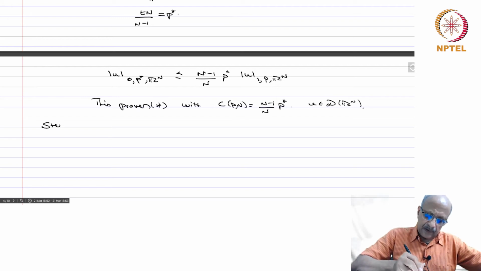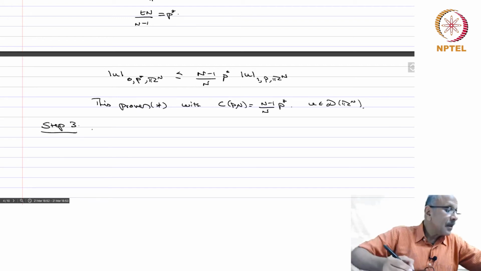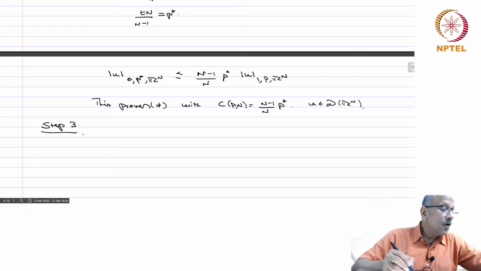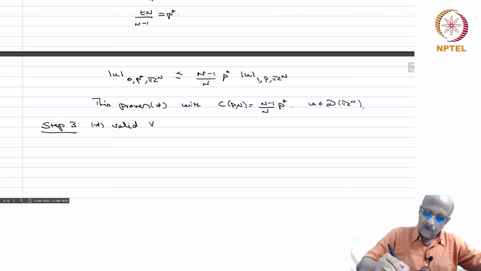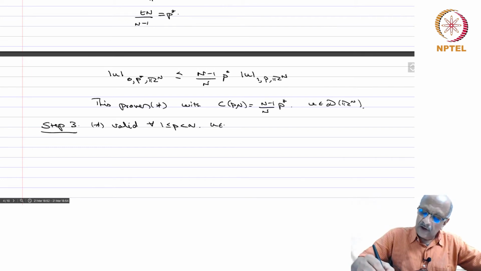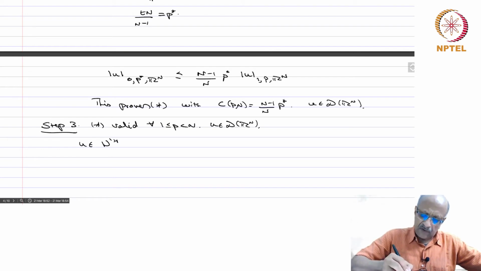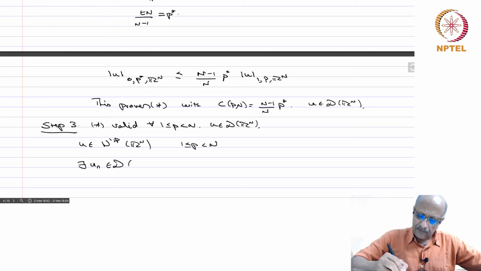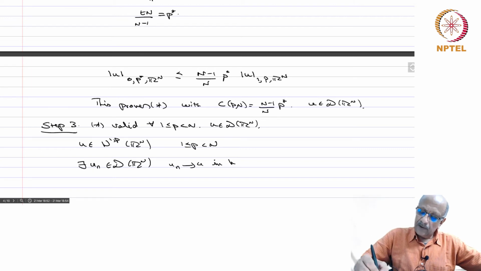So the final step, step 3: you have star valid for all 1 less than or equal to p less than n, and u in D(R^n). So if u belongs to W^{1,p}(R^n), 1 less than or equal to p less than n, there exists u_n in D(R^n) converging to u in W^{1,p}(R^n).